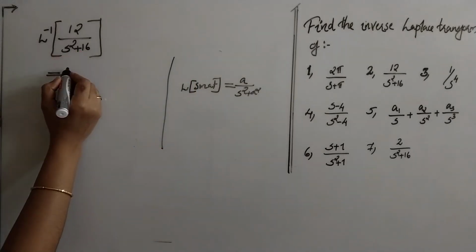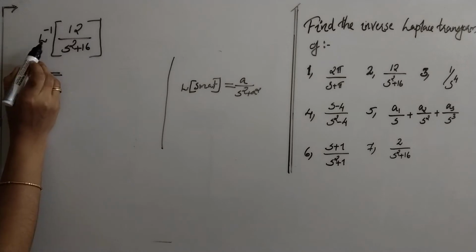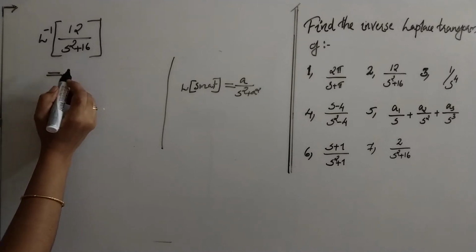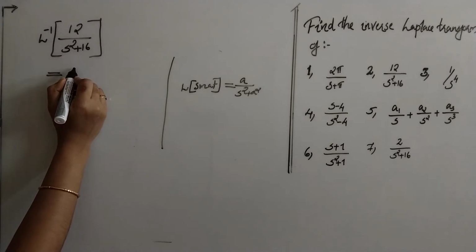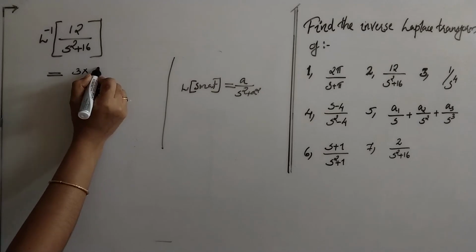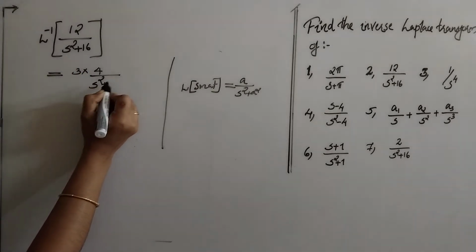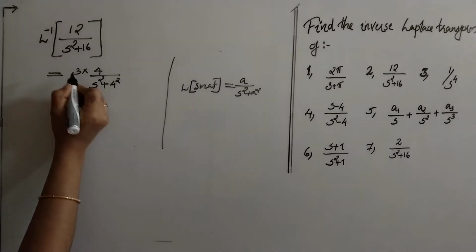Here 12 into L inverse of 1 by s square plus 16. 16 is 4 square. So we can write 12 as 3 into 4. 3 into 4 is 12, 4 divided by s square plus 4 square.